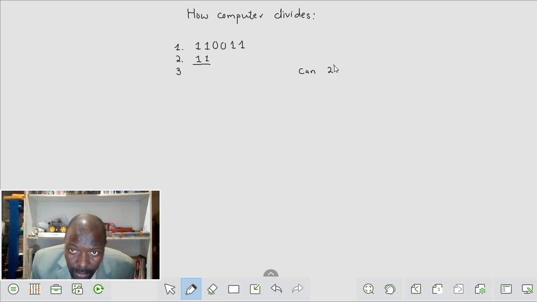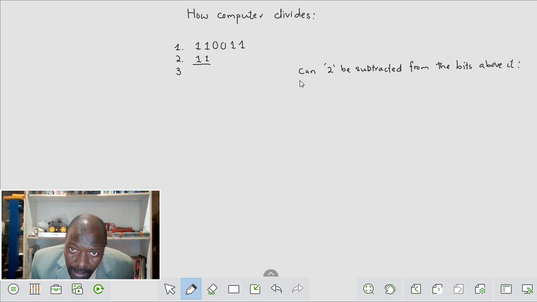2 be subtracted from, I will simply make it simple and say, the bits above it?